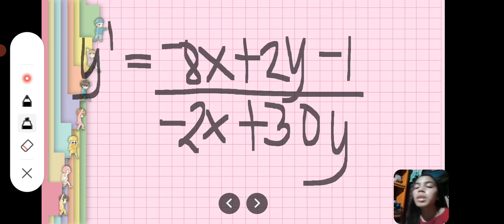So this is the derivative of the implicit function for 4x squared minus 2xy plus 15y squared plus x minus 7 equals 0.